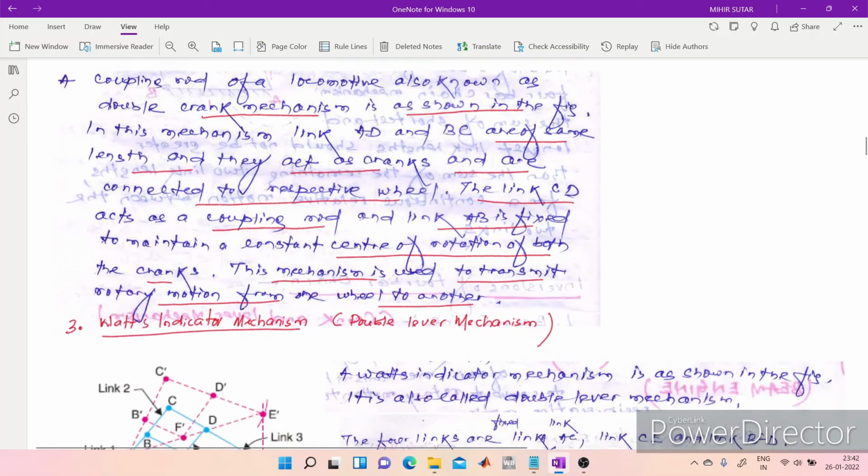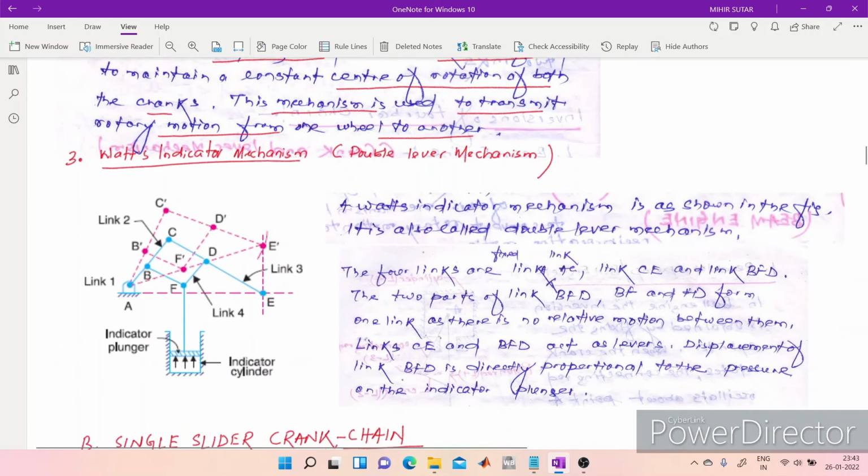Then the third possible inversion of 4-bar chain is Watt's indicator mechanism, or it is also known as a double lever mechanism. Now a Watt's indicator mechanism schematic is here, you can see. It is also known as a double lever mechanism, as I told. The four links are here.